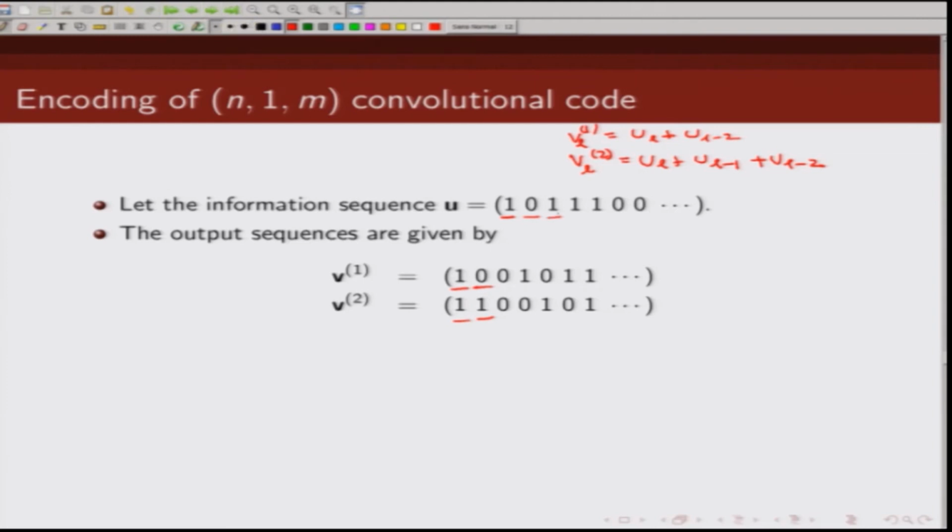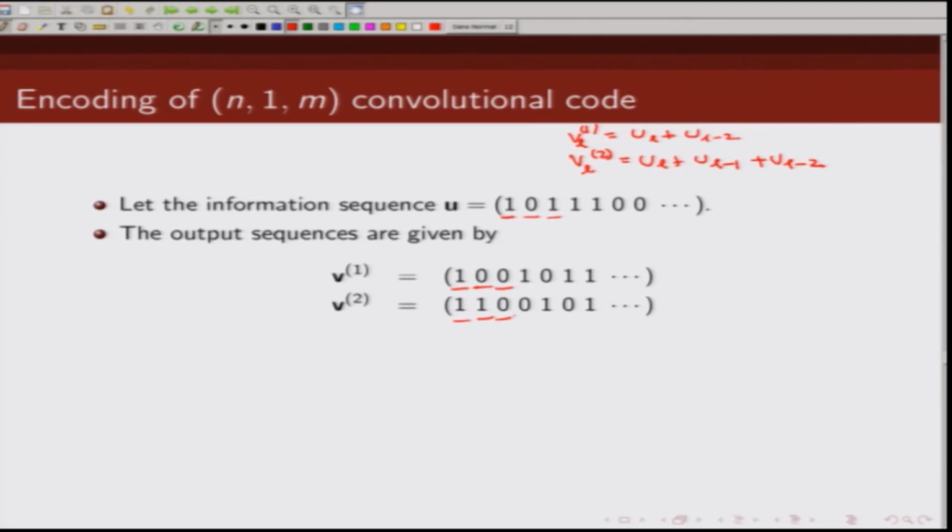So, if this is 1, what is UL minus 2? UL minus 2 was 1. So, 1 plus 1, that is 0, and UL is 1, UL minus 2 is 1 and UL minus 1 is 0. So, 1 plus 0 plus 1, that is 0. So, like that you can basically write down the output coded sequence.